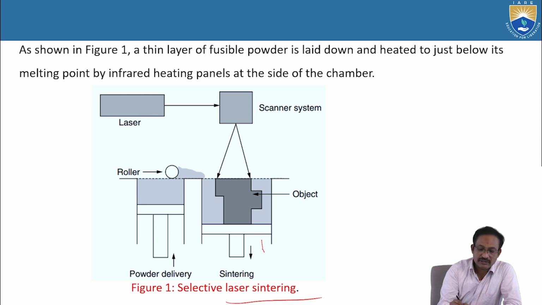This one will go up, and this one will go down. Here the scanning system will deflect as per the required profile.